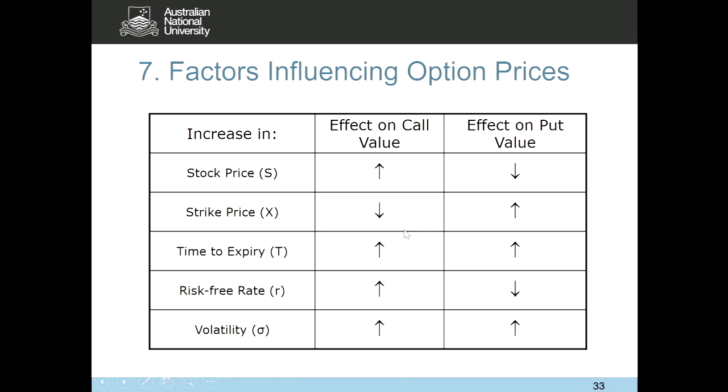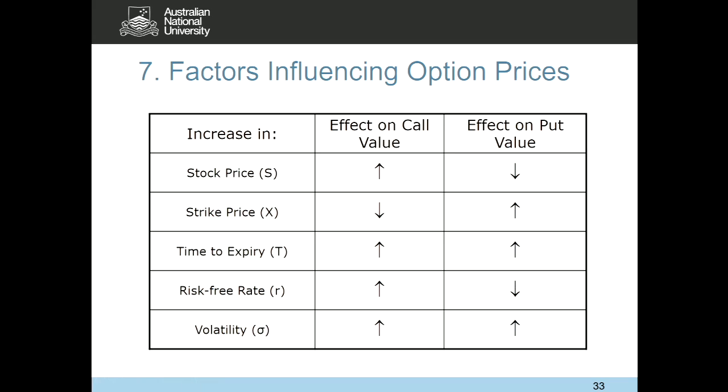And the risk-free rate, as mentioned before, provides a basis for the expected rate of return on the underlying stock, which means you expect the share price to be higher. So it's good for the call option and bad for the put. And finally, volatility.